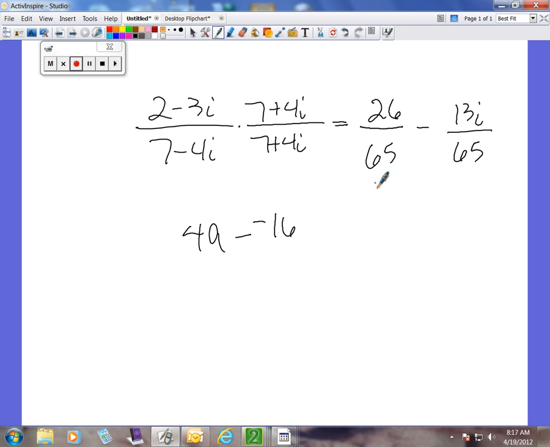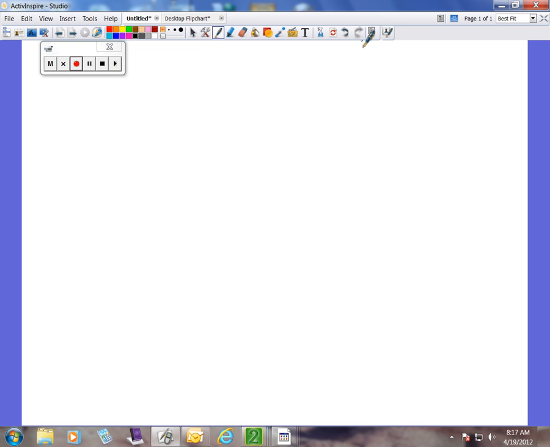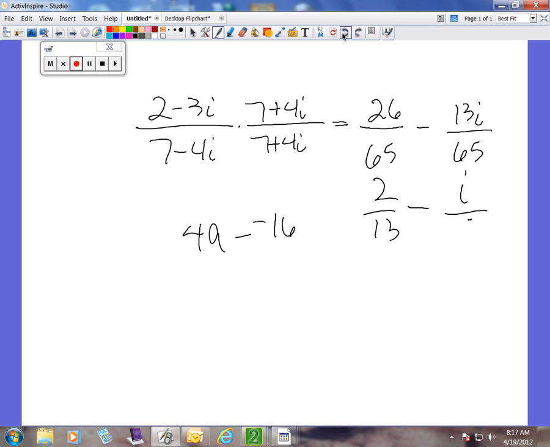So yes, I'm just reducing a fraction. 13 goes into that how many times? So that leaves me an i. And I'm sorry, this should be a 5. So what's the final answer? Yes, this should be a 5. 13 goes into that 5 times, so we have this.